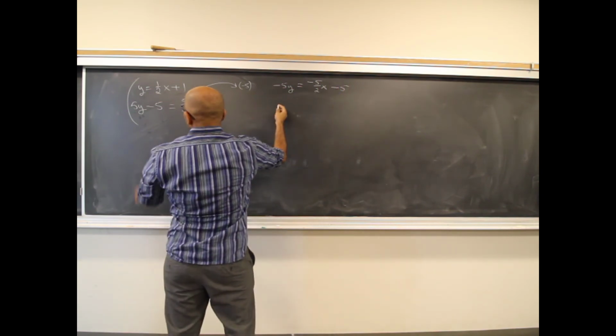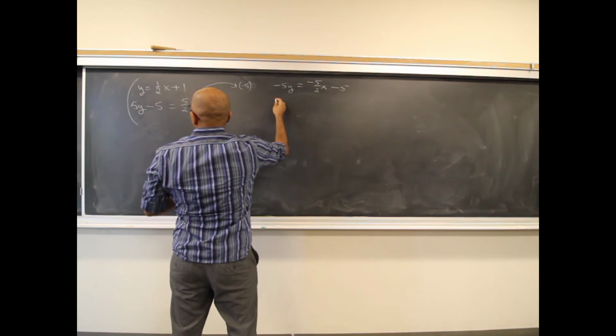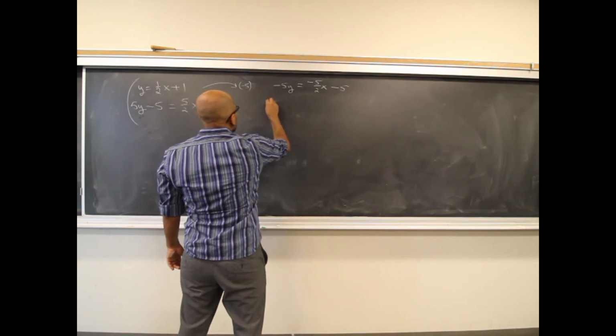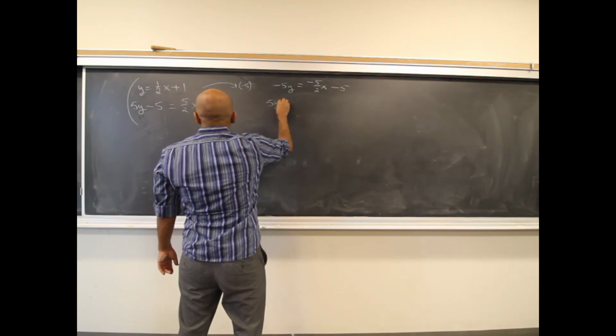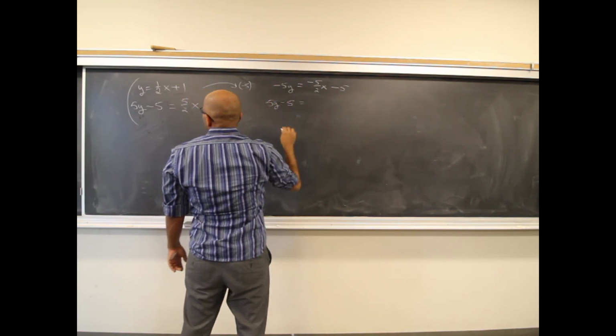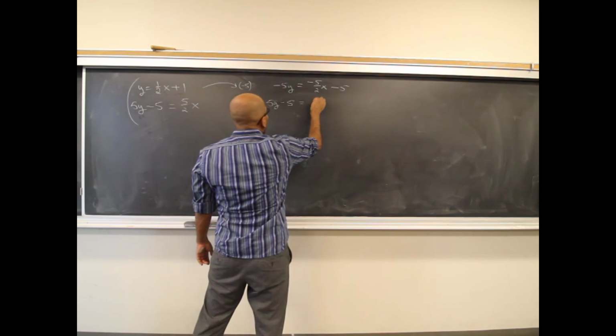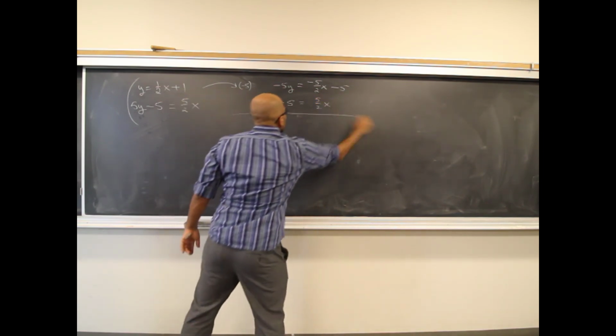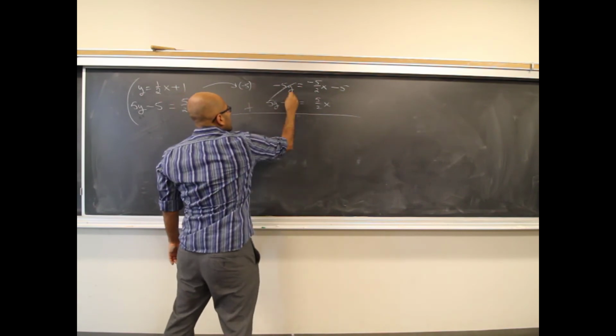And then in the bottom equation, I end up with 5y equals 5/2 x. Right? And then when we add, these guys cancel.